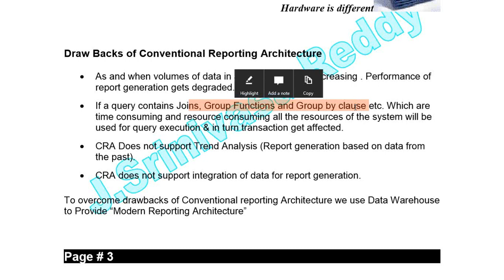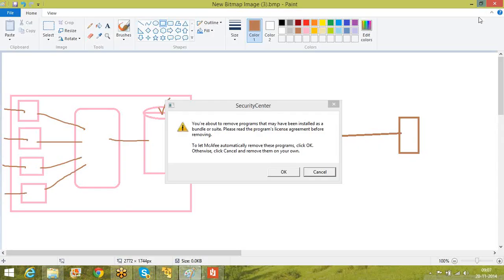Resources of the database system are occupied by this complex query execution. In turn, the transactional system gets affected. And this type of conventional reporting architecture does not support trend analysis and seasonal analysis, and it does not support integration of data from a variety of sources, or from the history. So these all are the drawbacks of conventional reporting architecture.